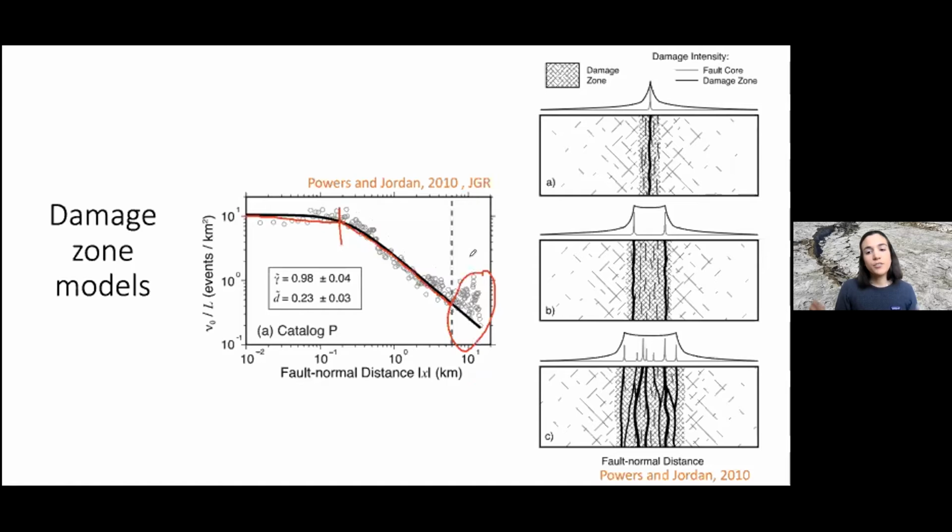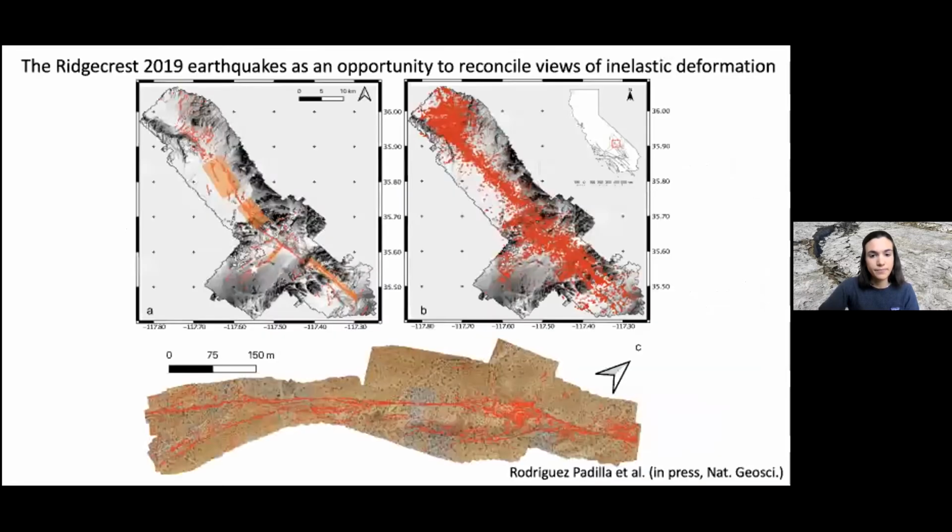And these plots inspire this idea of an inner damage zone that contains one or several strands of fault core, like shown in these cartoons. This would be the inner damage zone, which correlates with this flat area here. And that ends in a break in scaling. Some field geology studies have also supported this conceptual model of the damage zone.